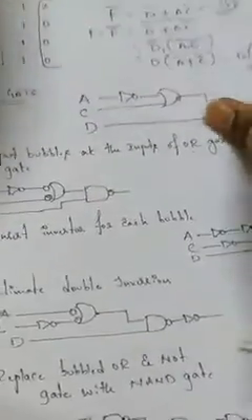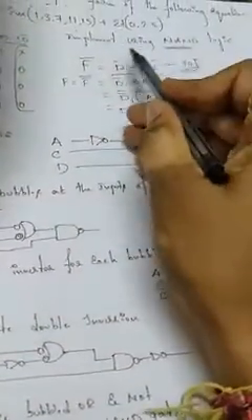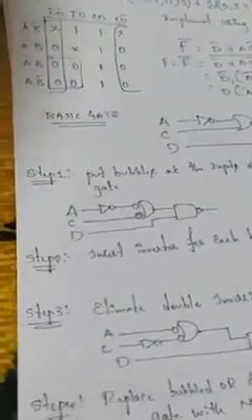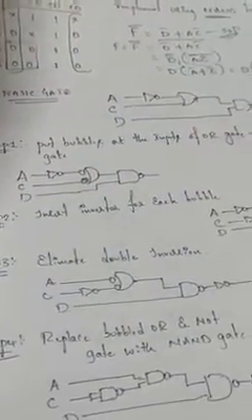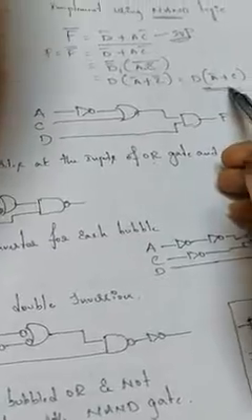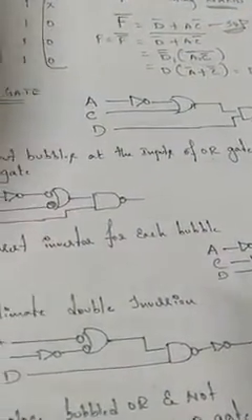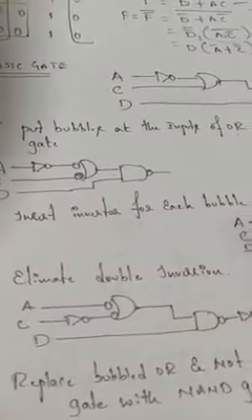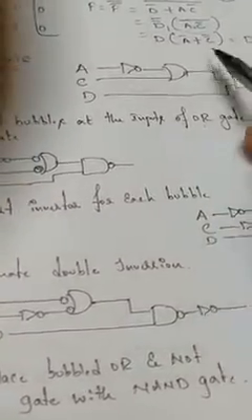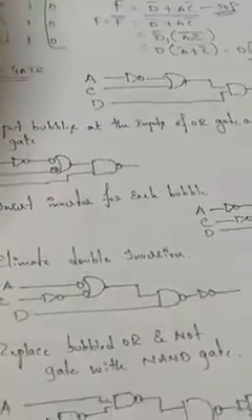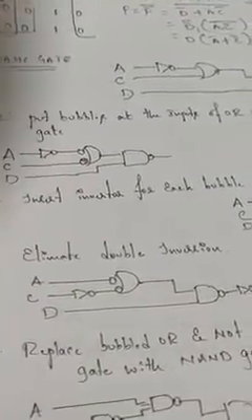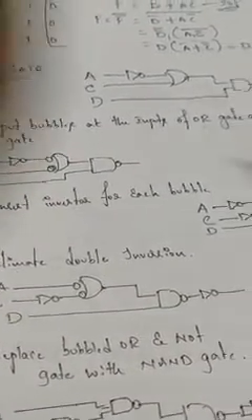So what is the next thing? You are supposed to implement this using NAND gates. You need to implement this particular expression only by using NAND circuits. So I will give you some steps. You need to follow these steps. If you follow these steps, no matter whichever equation it might be, however lengthy, you can write the circuit easily.